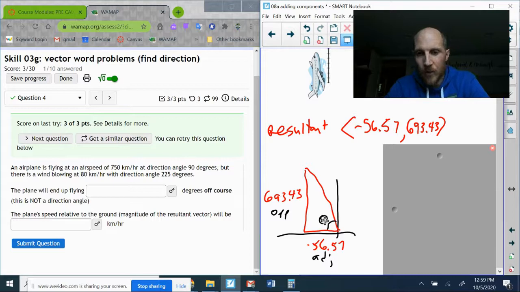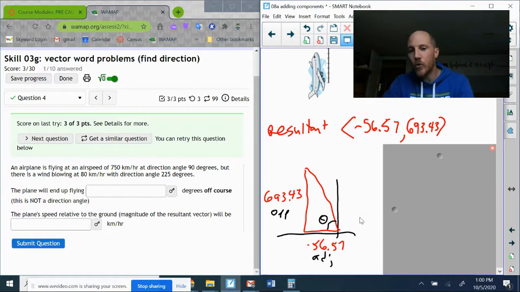This angle I could totally find. I can set up a tangent ratio using the opposite side and the adjacent side. But that's not the answer I'm after, because it does not tell me how this resultant compares to the direction the pilot is trying to go, which is straight up.